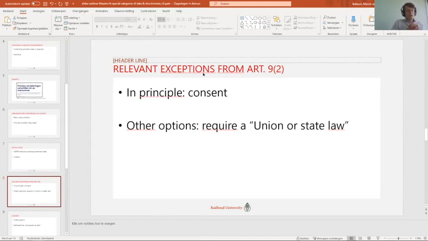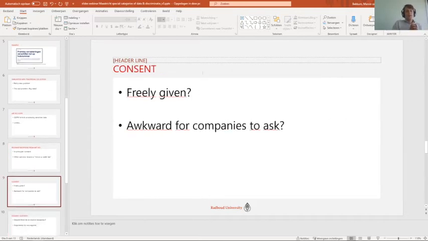Of all the exceptions, there is consent, and there are several other options that do not require consent. But those options generally require a union or state law in order for companies, at least, to use them to collect data. Consent is a difficult ground, because you can ask yourself if it's actually freely given.